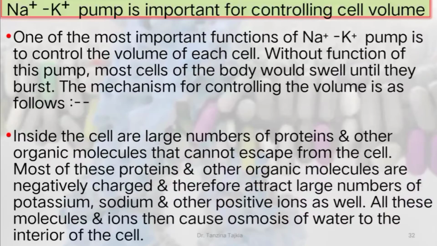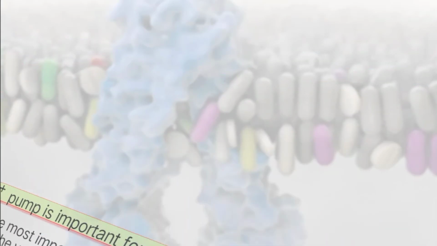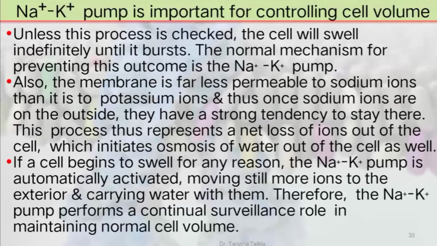Most of these proteins and other organic molecules are negatively charged and therefore attract a large number of potassium, sodium, and other positive ions as well. All these molecules and ions then cause osmosis of water to the interior of the cell. Unless this process is checked, the cell will swell indefinitely until it bursts.